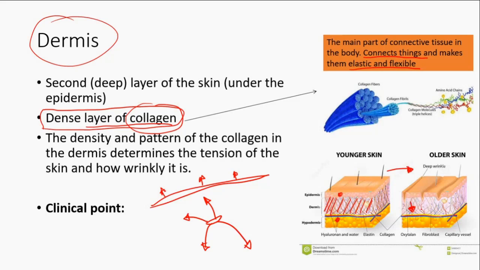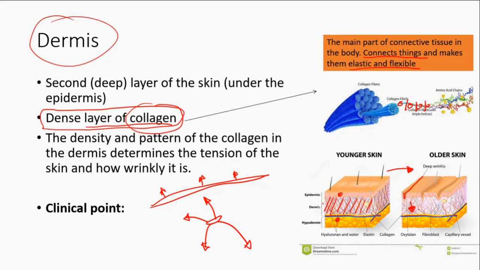It breaks down. Collagen is like proteins, and as you age, these proteins get broken down, and that's what causes wrinkles. Because when you're young, your collagen holds your skin very tightly.